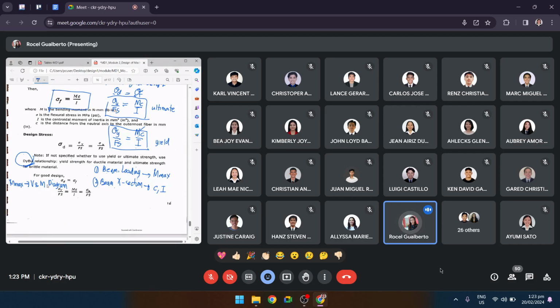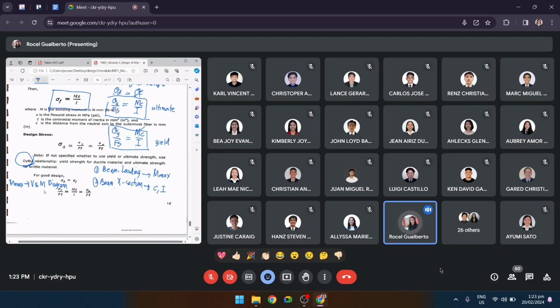So you will draw the diagram for the shear, you will draw the diagram for the moment, and then identify which is the weakest part. If failure would occur, it would likely occur doon po sa may pinakamataas na moment, doon po sa may maximum moment.